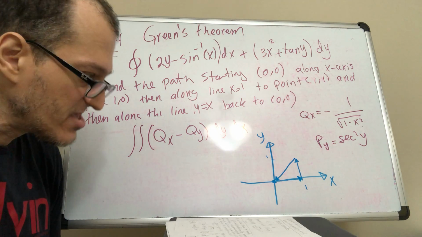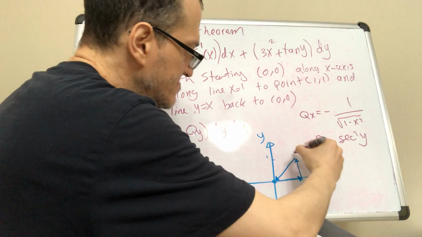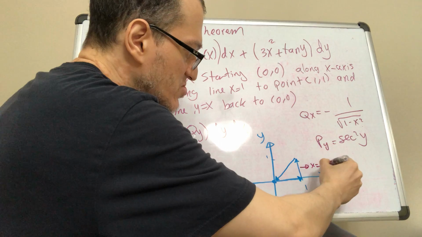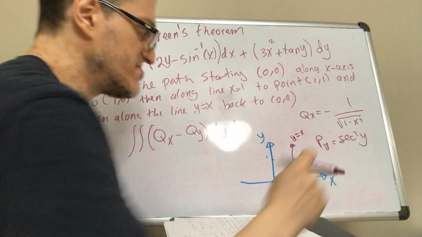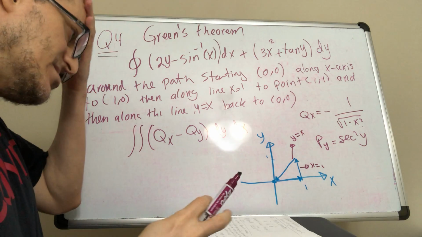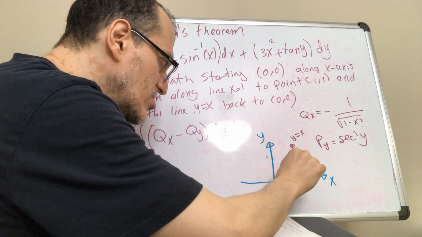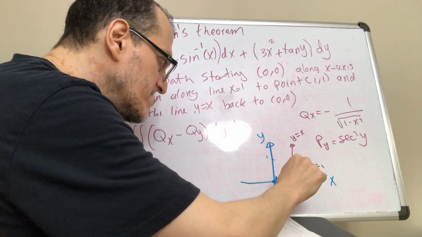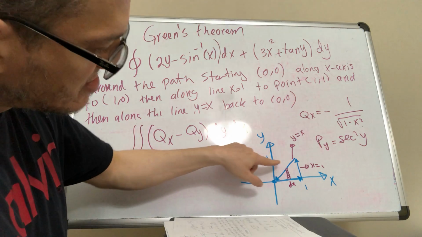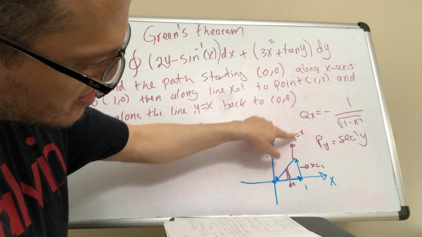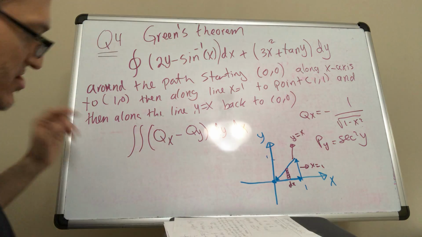So, you know that this curve here is x equals 1, and this curve here is y equals x. If you draw a small rectangle here, that would be dx, the top point would be y equals x, and the bottom point would be 0.